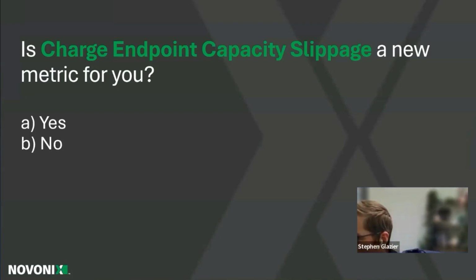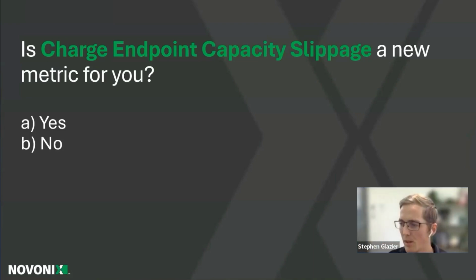I'm going to look over at the questions just for a second. Yeah, so there's a couple of questions about calculating and estimating slippage. And I think I answered a bit of that question in how it's calculated. But yes, there's a relationship between all of these metrics in terms of finding your charge and discharge endpoints and really using them to either calculate Coulombic efficiency or fade or slippage.